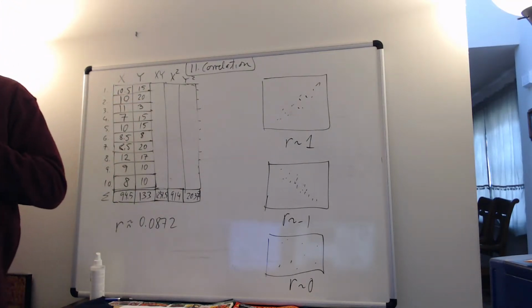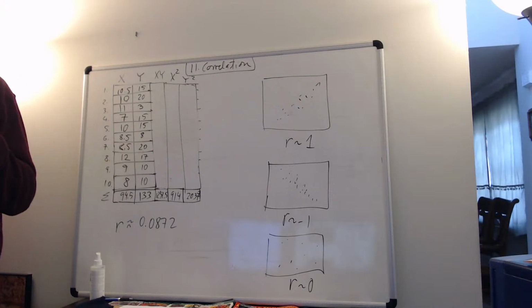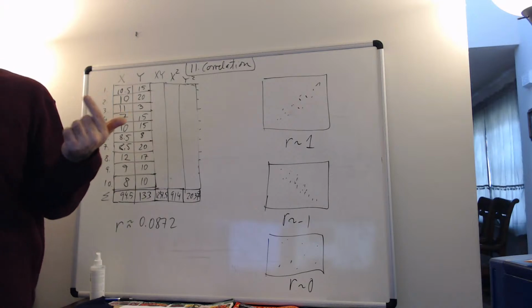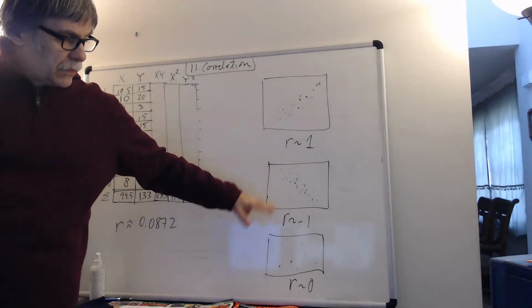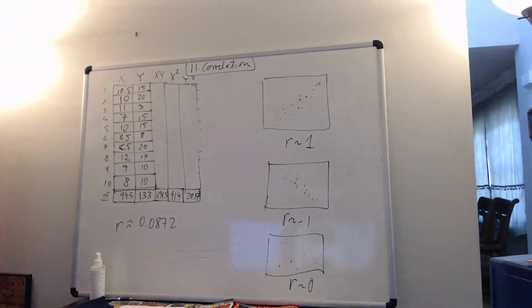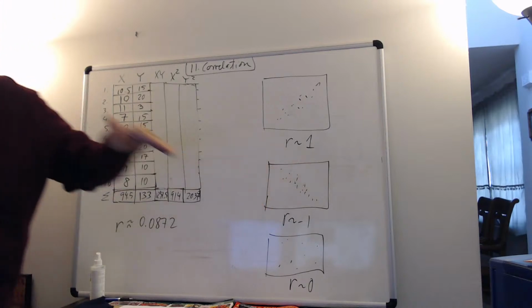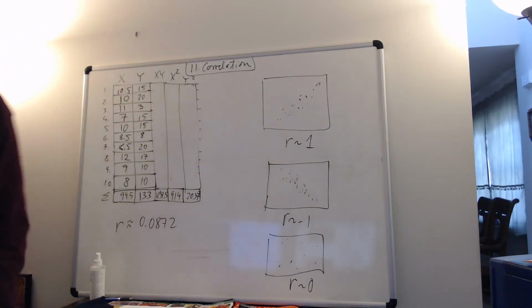So this is what we know, a product of Z values on average, right? If the Z value of X goes one way and the Z value of Y goes another way, that means that when X gets bigger, Y gets smaller, and vice versa. Then we have a negative correlation, which means that R is going to be somewhere closer to -1. The closer to -1 it is, the more correlation you have, but it's a negative one, which means the trend will be like that.